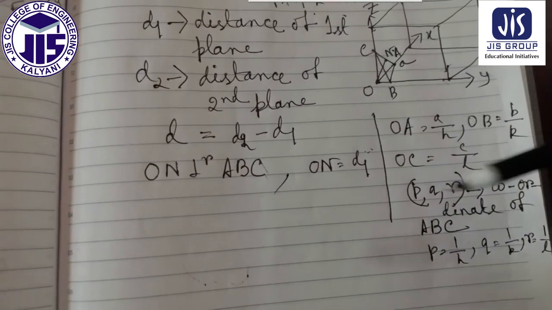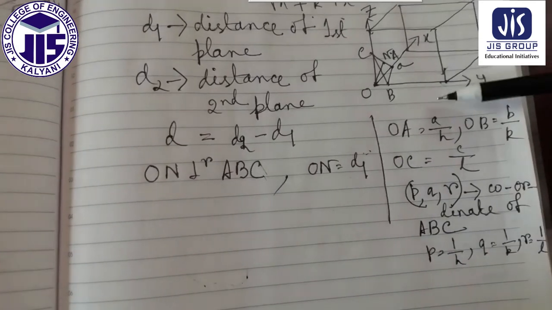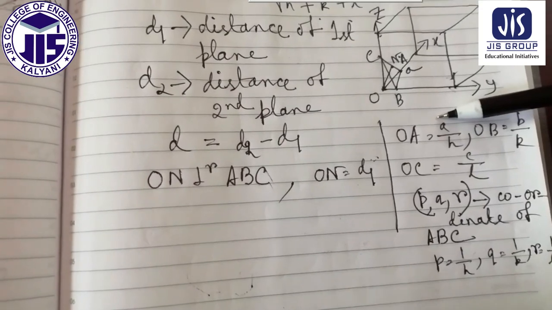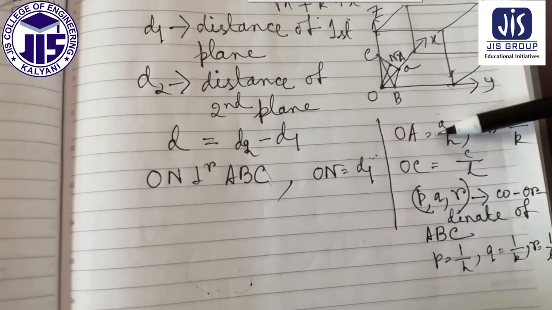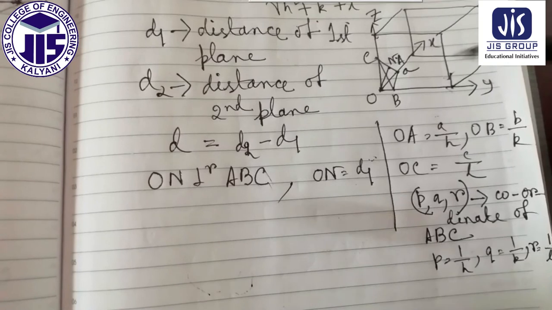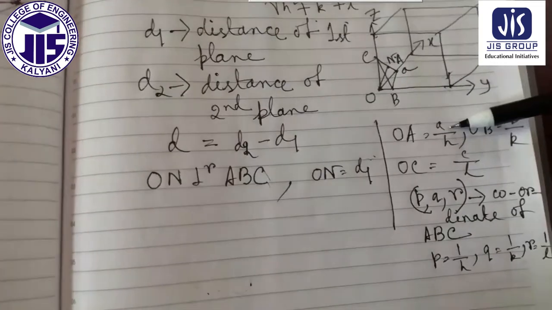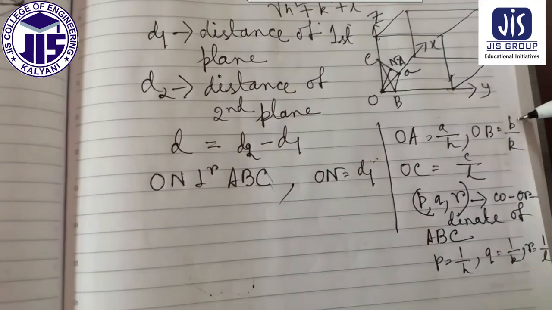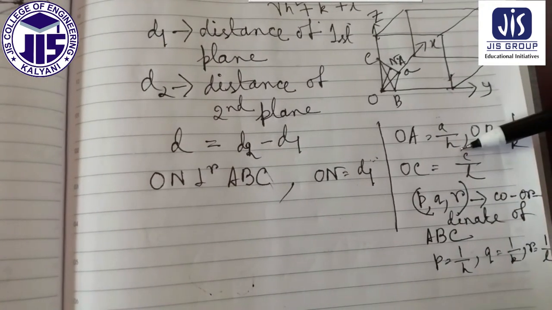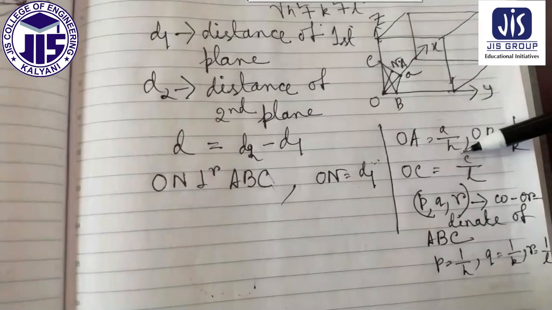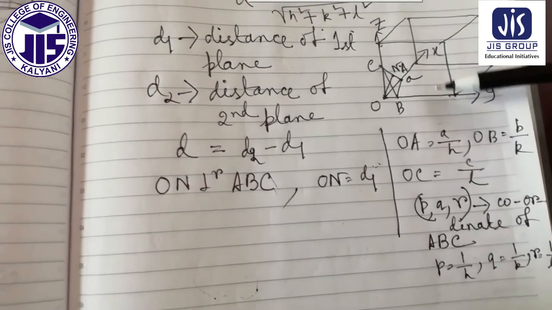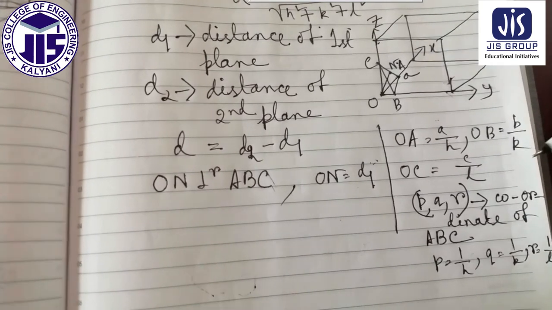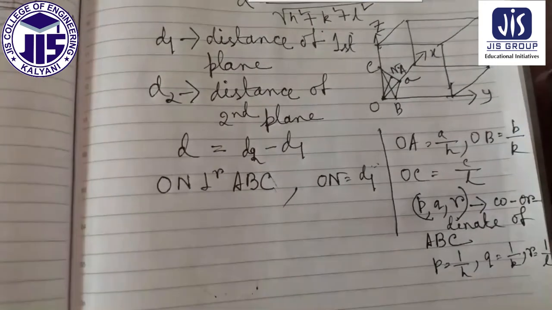So this is the consideration. Now what is the significance of a? OA equal to a gives the x coordinate, b gives the y coordinate, and c gives the z coordinate. Also, if it is a parallelepiped instead of a cube, that means a, b, c are not the same. So from that we can write it.